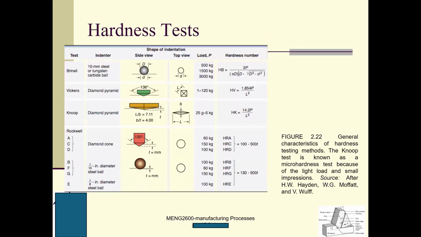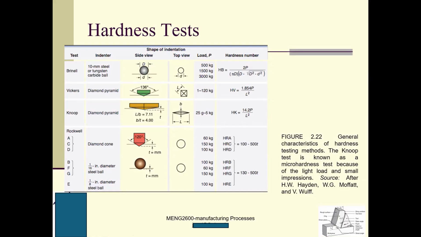So hardness testing. We have Brinell, Vickers, Knoop, and Rockwell. The Brinell and Rockwell are the commonly used ones. If you take the mechanical engineering lab and do the Rockwell testing, to be exact, you will do the C scale. So the hardness you get will be HRC.